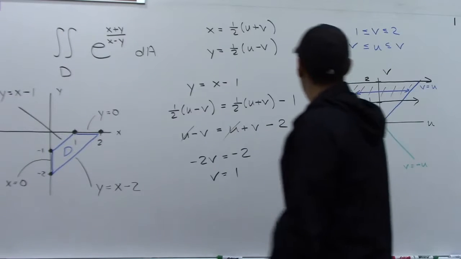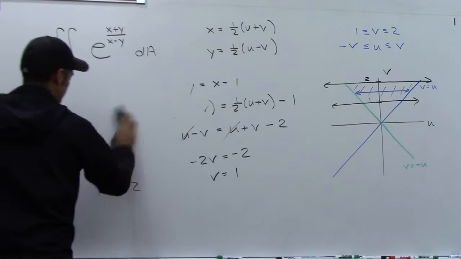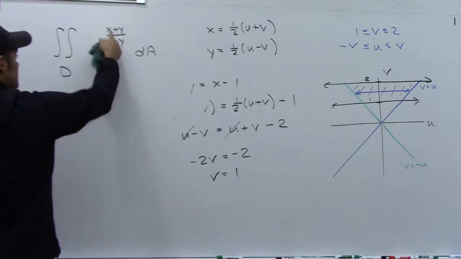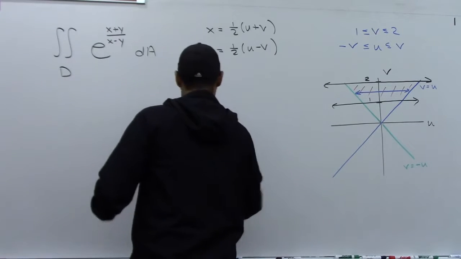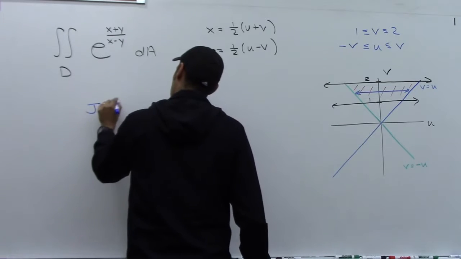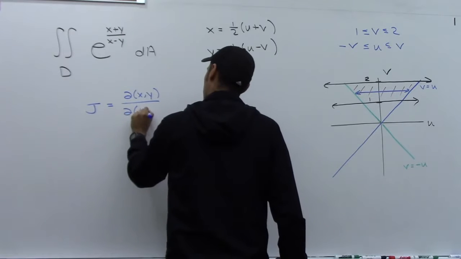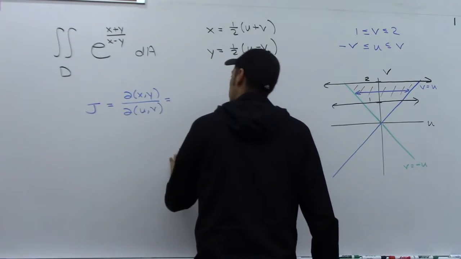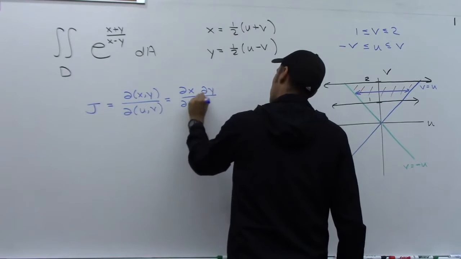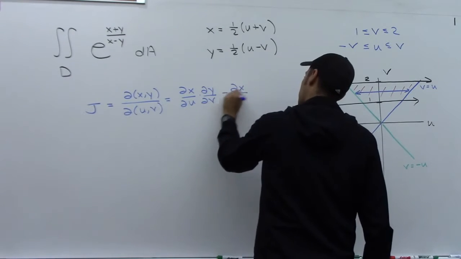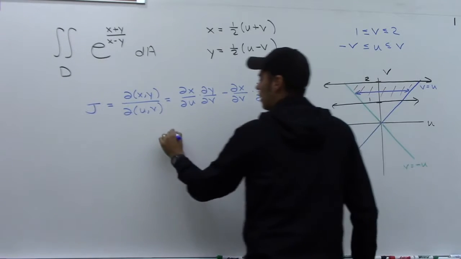All right. What else do we need? I have my limits of integration. I have how that's going to switch over. Now I need the Jacobian. So let's get the Jacobian. Jacobian is going to be this, which equals partial x with respect to u, partial y with respect to v, minus partial x with respect to v, partial y with respect to u, without going through all that work again.